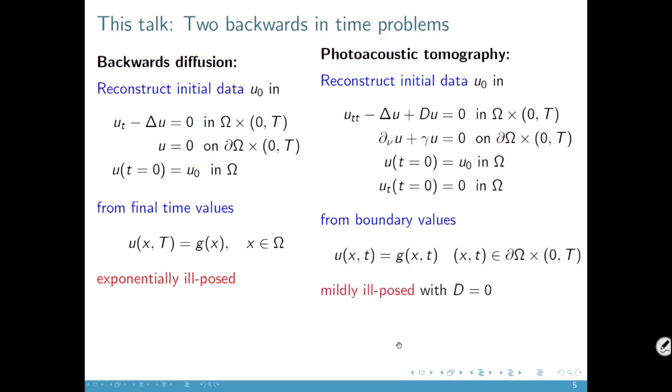So, and actually if the damping term is just 0, if you just have a lossless wave equation, lossless wave propagation, then it's clear from, if you think of 1D D'Alembert's formula, that U0 can be uniquely recovered without any losses.